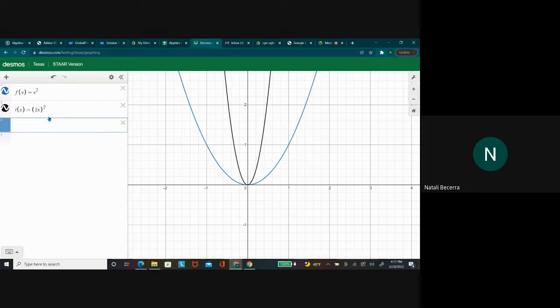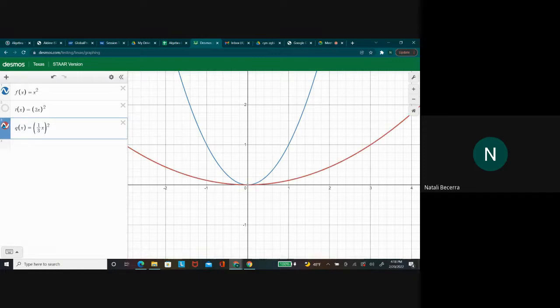So right here we have q of x equals 1 over 3. Oh, I forgot my parentheses. 1 over 3 x squared. And then you can see how much wider that got, right? So this was the original, and this is the horizontal stretch, and you can see that it's getting wider.